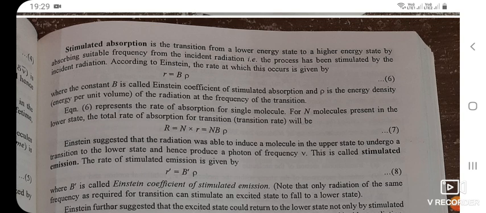The rate of stimulated emission is given by R dash equals B dash rho, where B dash is the Einstein coefficient of stimulated emission. Note that only radiation of the same frequency as required for the transition can stimulate an excited state to fall to a lower state.